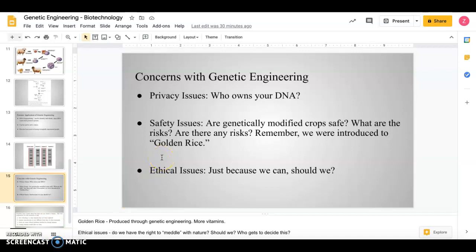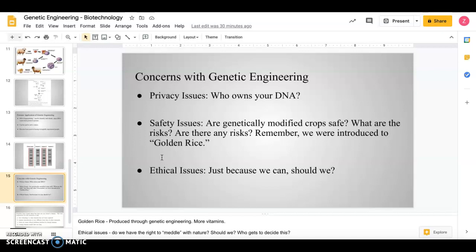And what about safety issues? Are genetically modified crops safe? What are the risks? Are there any risks? Remember, we were introduced to golden rice on Wednesday's video. Golden rice was produced from genetic engineering, and it has more vitamins, so people in impoverished countries can be healthier.